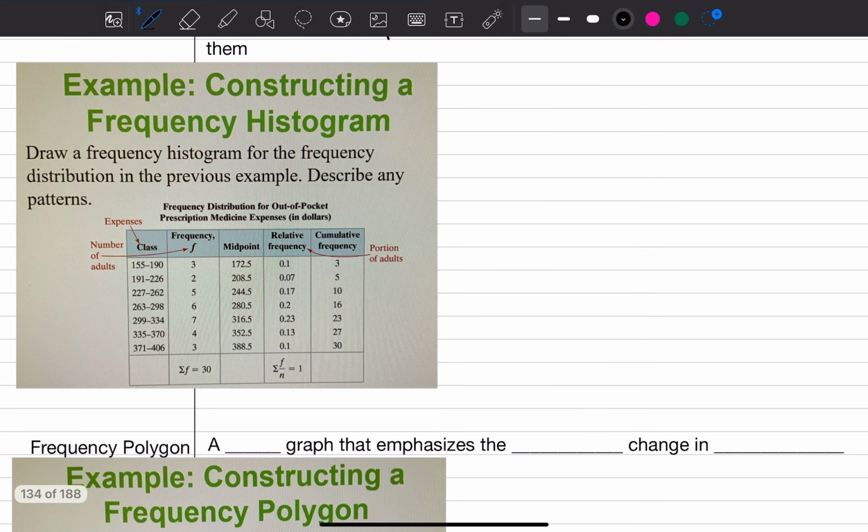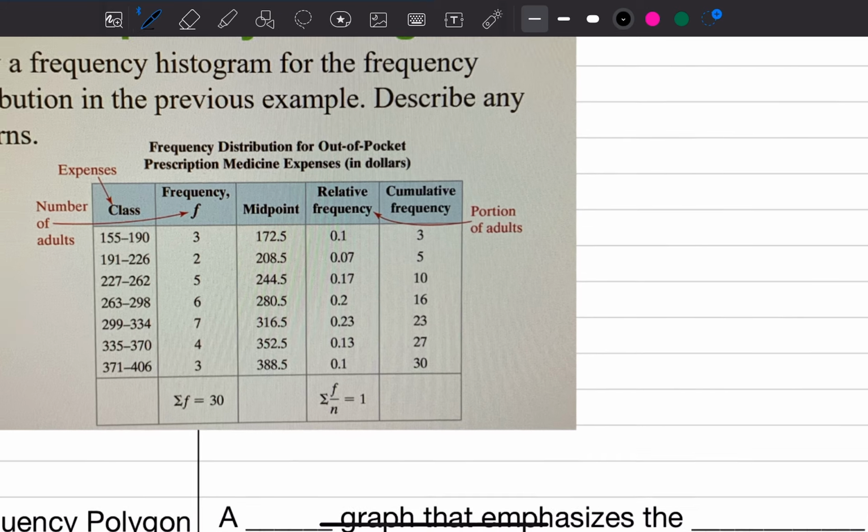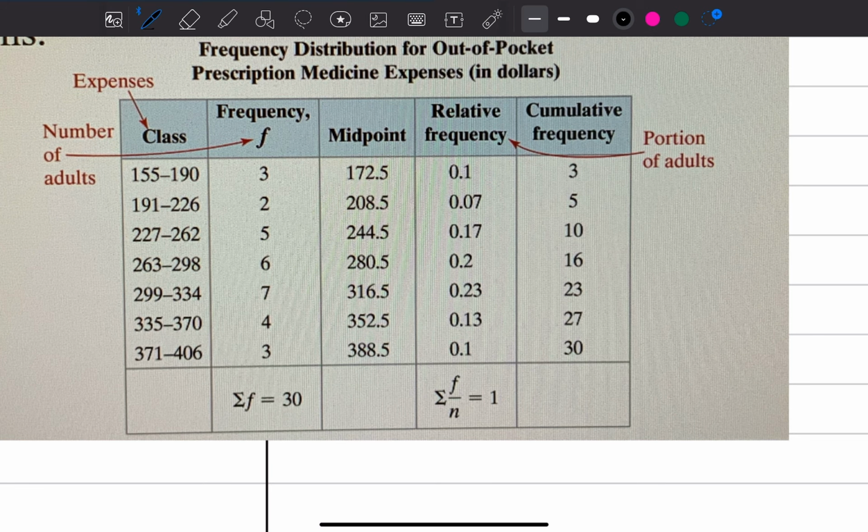Okay, so here we have the table from the last example. It's still the same table. We're going to find the class boundaries. The first thing we're going to do is look at the class limits and see the gap between them.